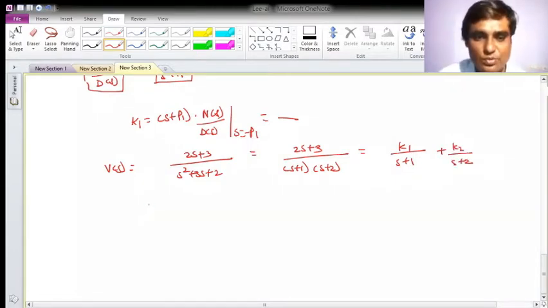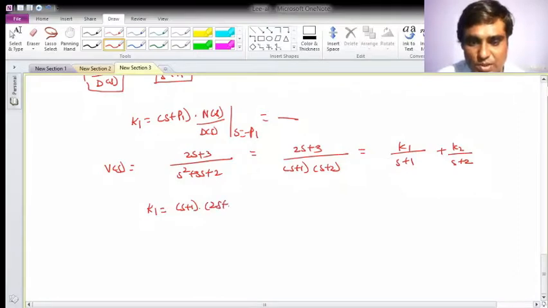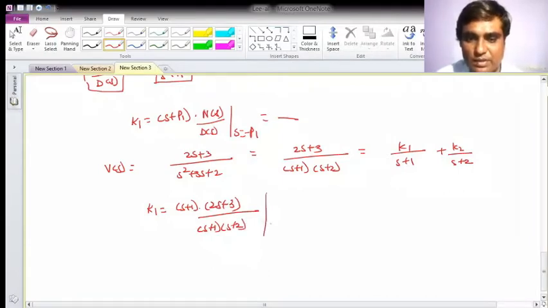Now I have to find the value of k1, which is at root s plus 1. So I multiply s plus 1 with N of s over D of s, which is 2s plus 3 over (s plus 1)(s plus 2), and then evaluate at s equal to minus 1. So this factor will vanish, and if you substitute s equal to minus 1, it will be 1 divided by 1.